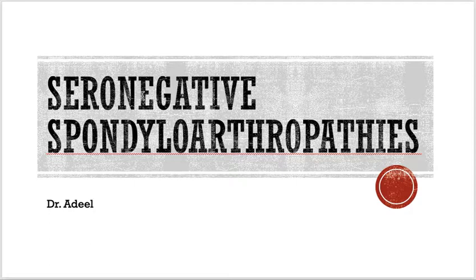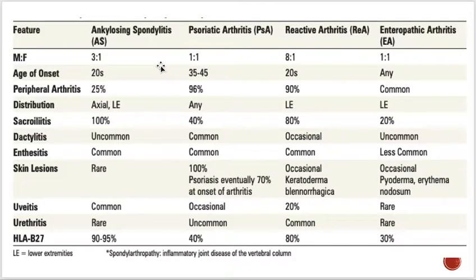Now, we are going to discuss basically four different conditions. One is called ankylosing spondylitis, one is psoriatic arthritis, one is reactive arthritis, and one is enteropathic arthritis.